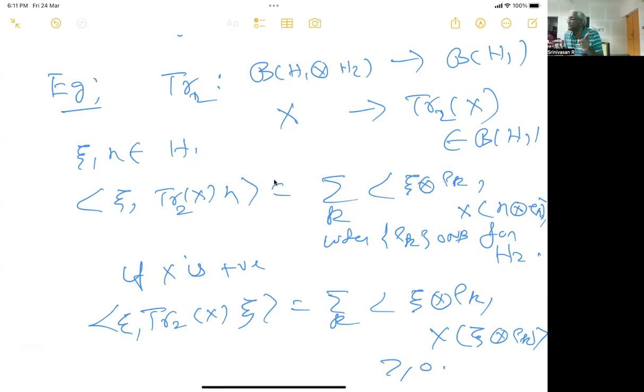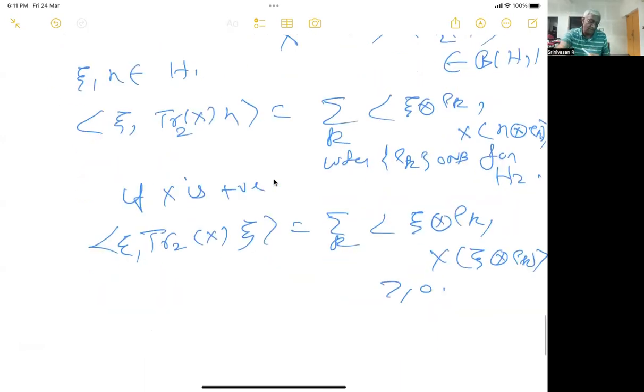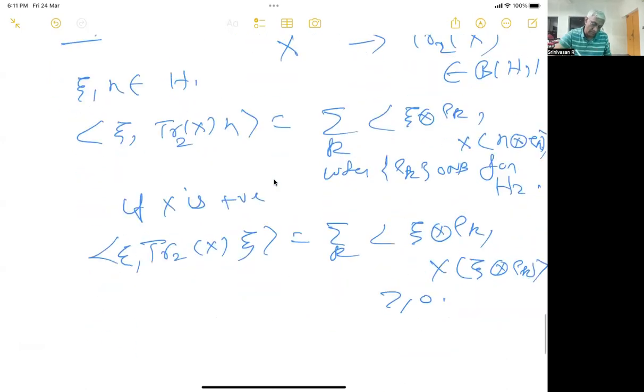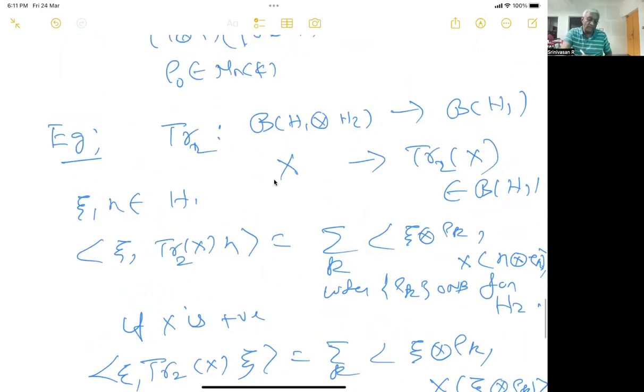So it's a positivity preserving map. This implies the trace 2 map is a positive map, a map between two algebras, B of H1 tensor H2 to B of H1.